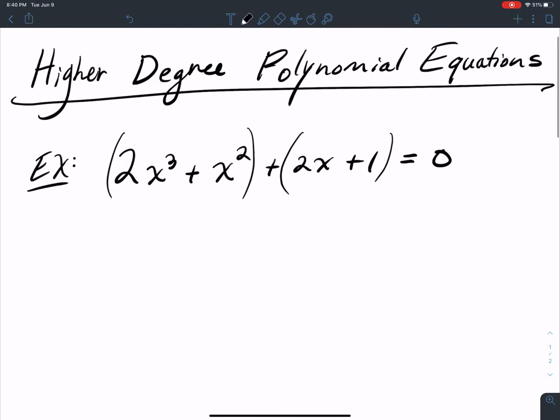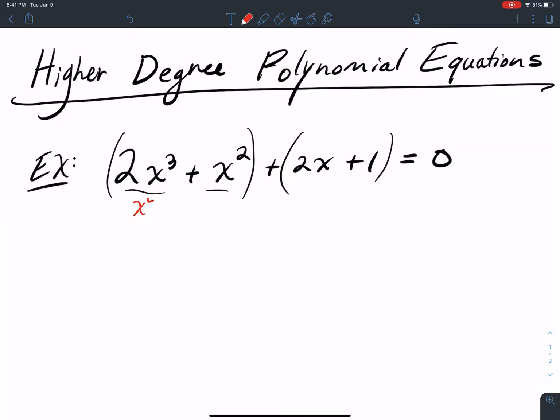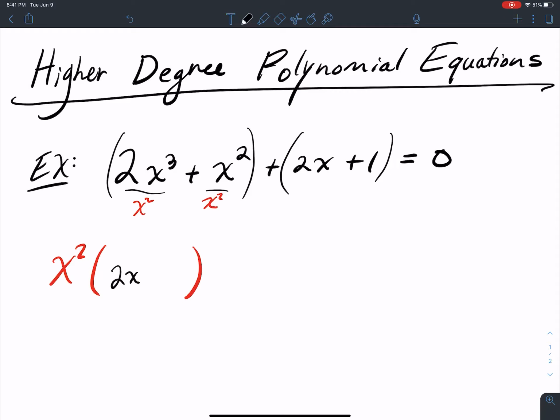Well, between these two, it looks like I can pull out an x squared here and an x squared there. So an x squared comes out. And what do I have left inside? I have 2x plus 1. And then over here, I already have a 2x plus 1. There's nothing in common between those, so GCF here is just 1.